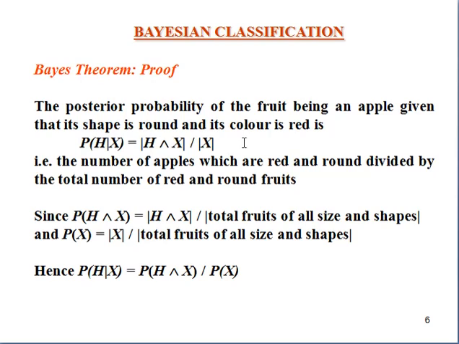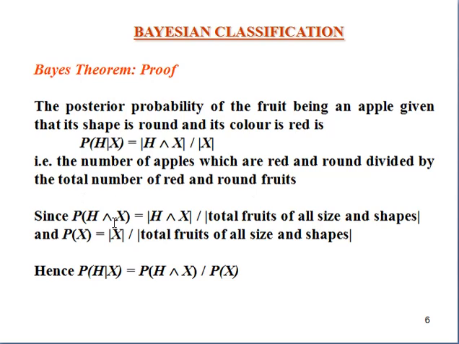What does that mean? It means the number of apples which are red and round, divided by the total number of red and round fruits, because x represents red and round fruits, so we divide by the total number of red and round fruits for our specific example.